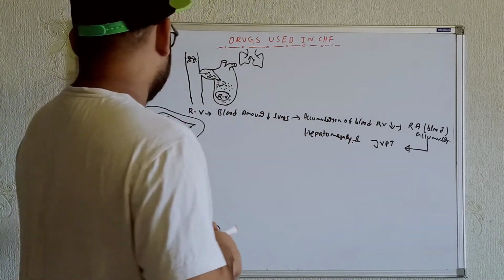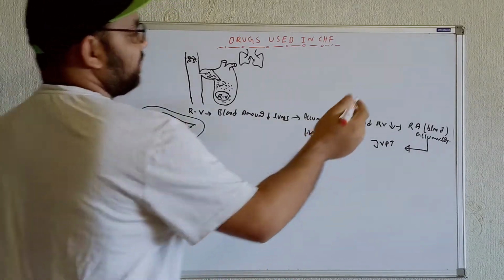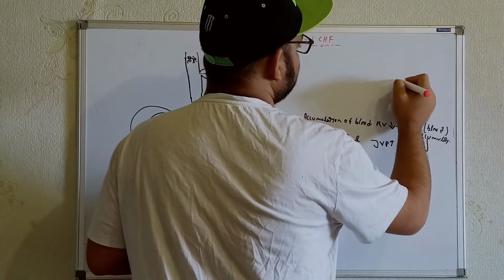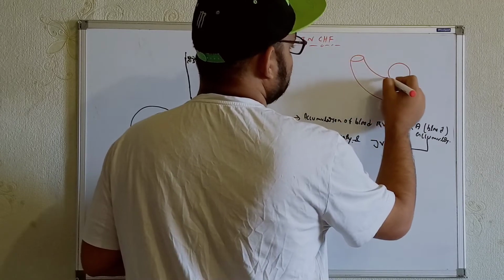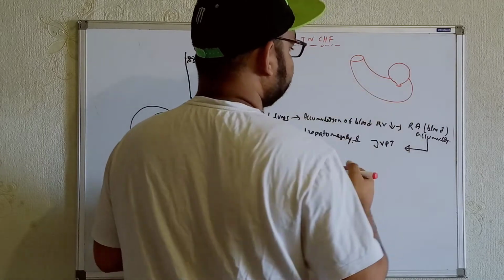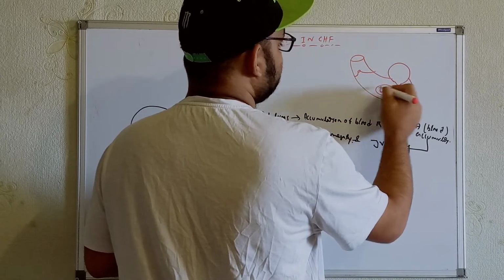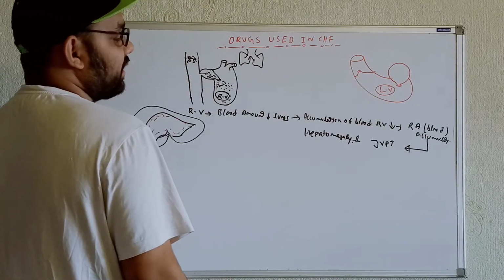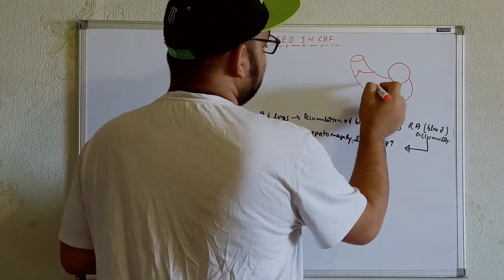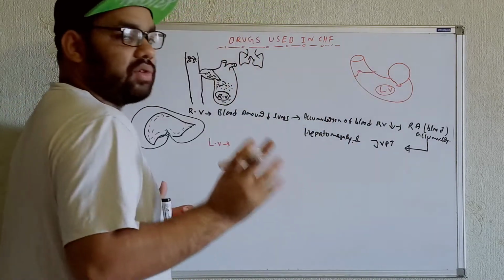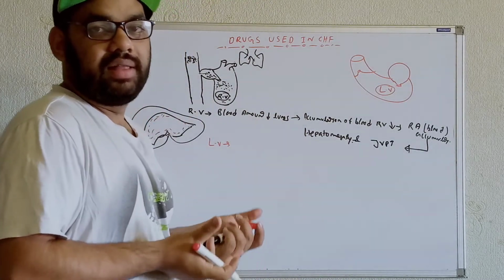Now, if we talk from the aspect of the left ventricle, that means the left heart, for example, I'm just considering it over here. Now see, for any reason if the left ventricle is not able to pump the blood, that means if you see failure within the left ventricle, then the blood will not be able to go into the aorta, to be sent to the systemic circulation, so that will be less.